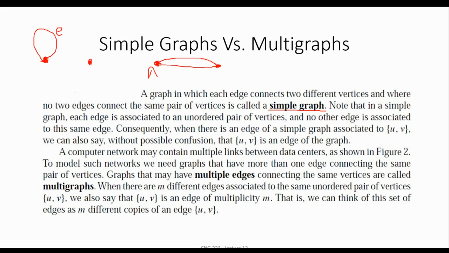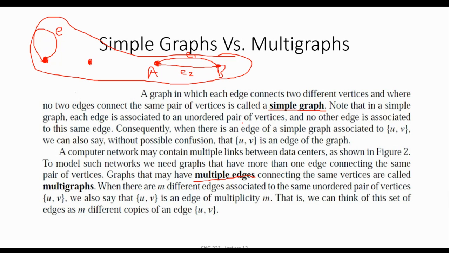For example, if we consider this one as node A and this one as node B, it's not possible to have two different edges, or more than one in general, between these two specific vertices. If we don't have such cases, we call it a simple graph. Otherwise, if we have more than one edge connecting two specific vertices, we call them multiple edges, and the graph itself is called a multigraph.